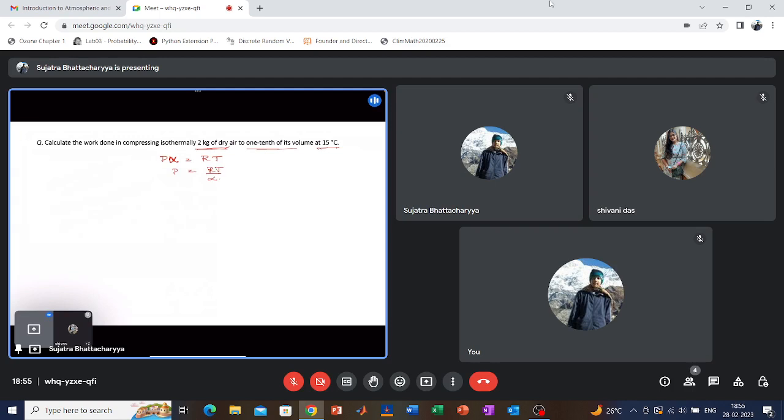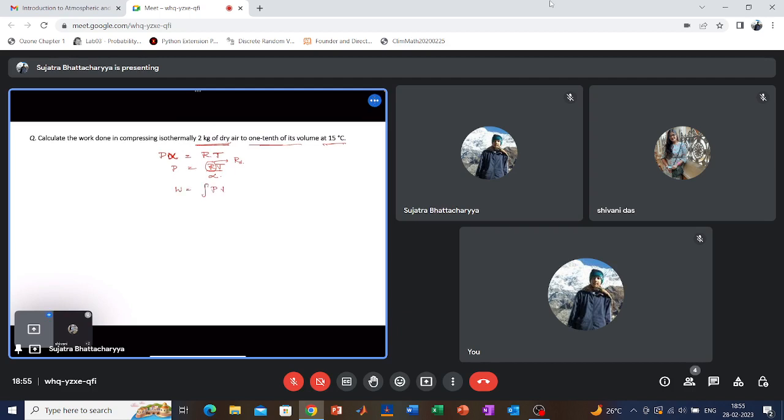Since it's dry air, we can just put this to be RT. And let us for the time being take only dry air, as it is also given.